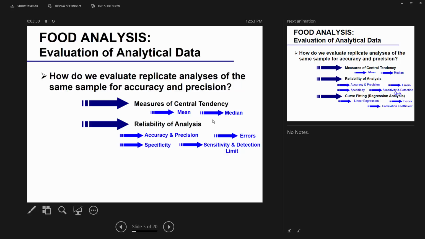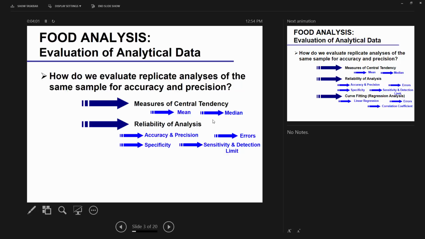Do you know the difference? Okay, Aaron. The sensitivity has to do with like the minimum amount that has to be present for it to be detected. And detection limit is like the maximum amount. Sarah? Is sensitivity like the magnitude of change that instrument can detect? Yes. Sensitivity is the magnitude of change.